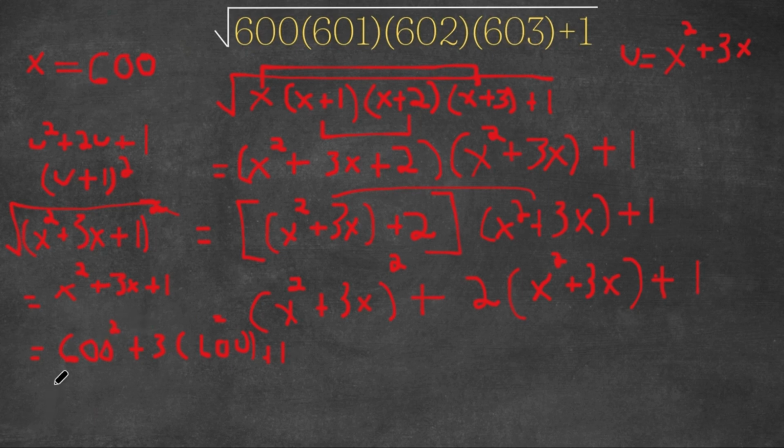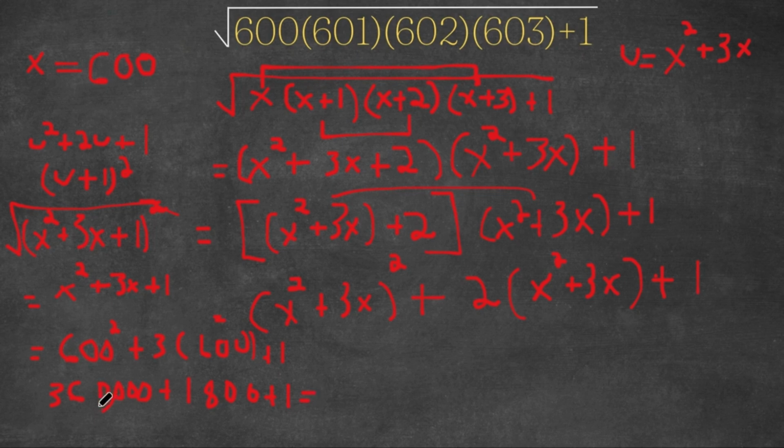Now, 600 squared, this is 36 with 4 zeros, so 360,000. Plus 3 times 600 is 1800. And we still have our plus 1.